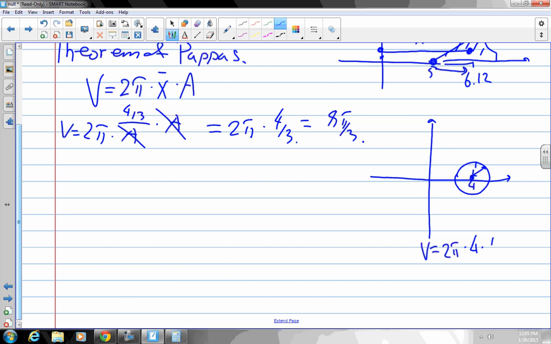So 8 pi squared, right? Here we go. So that's the volume of a donut. If I change 4, it will change the volume of a donut. Or if I change the radius, it will change the volume of a donut. But now it's easy to find the volume of a donut.